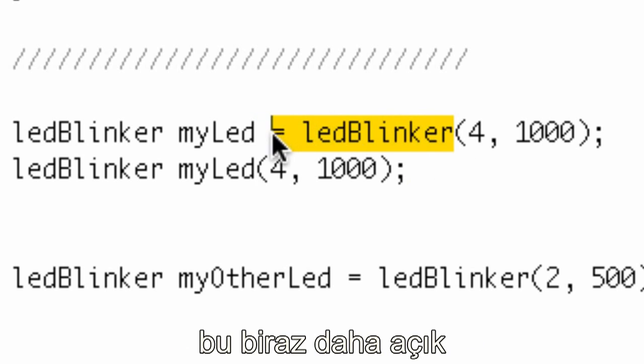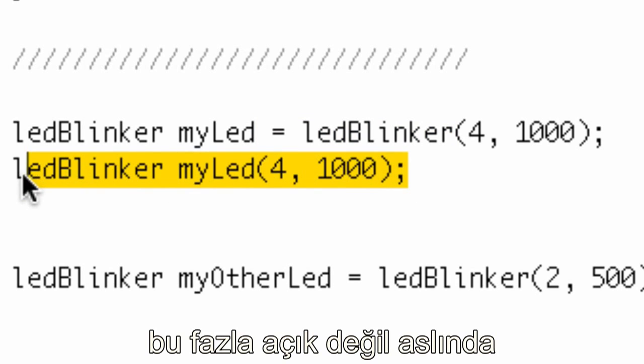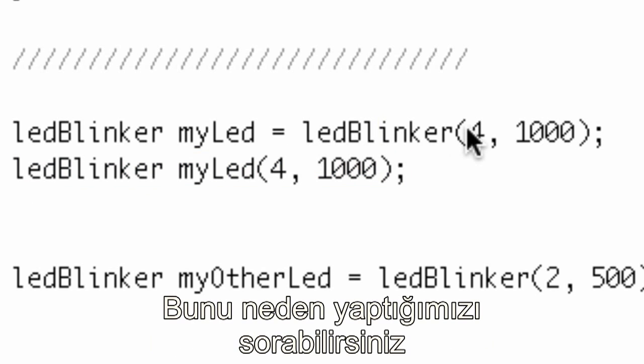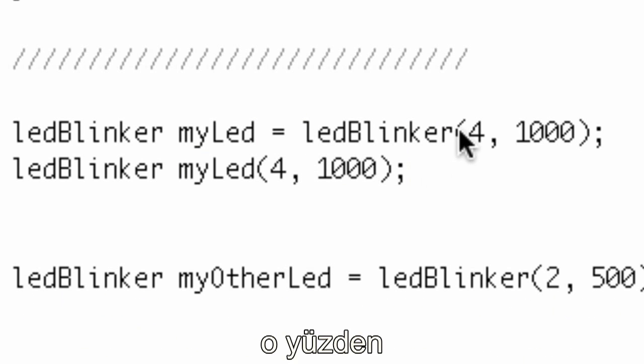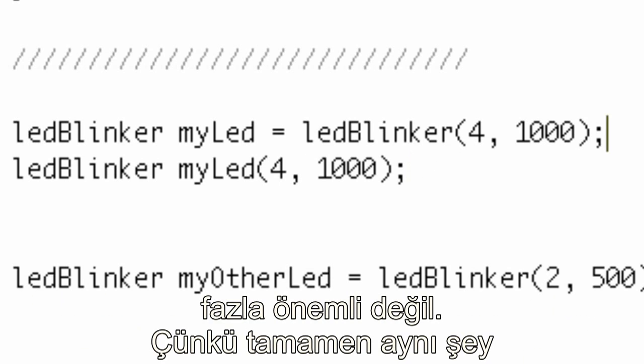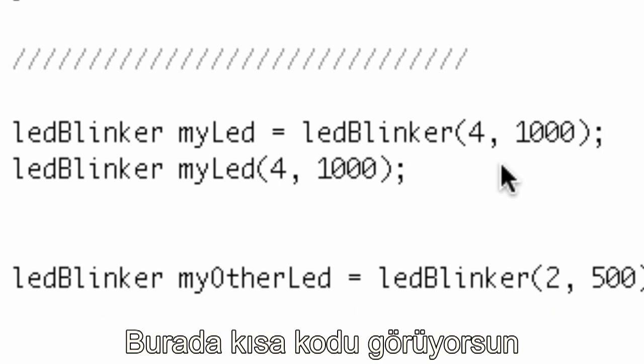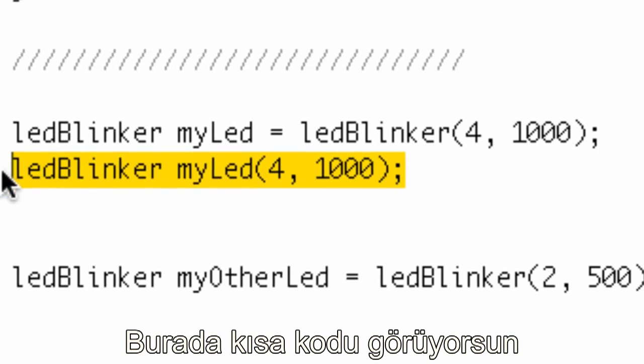This is a little more explicit, but man, doesn't this look so much cleaner when you skip having to call that constructor? Now you might be asking, why would you do it this way? Well, I don't know. I'm sure plenty of people like to do it this way, plenty of people like to do it the other way. It doesn't matter. It's the exact same thing.